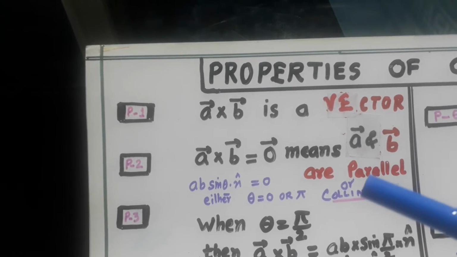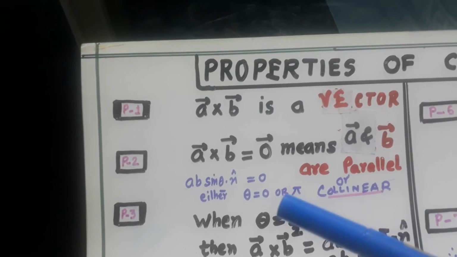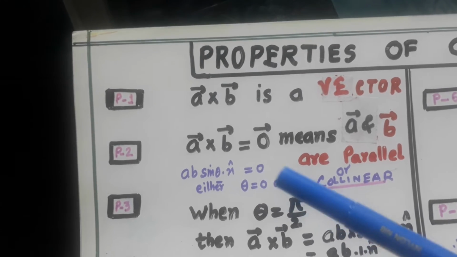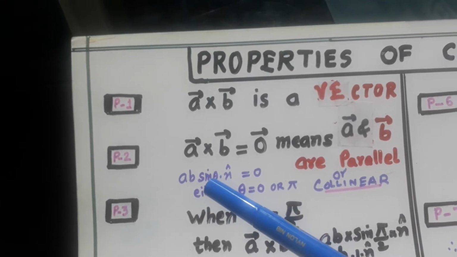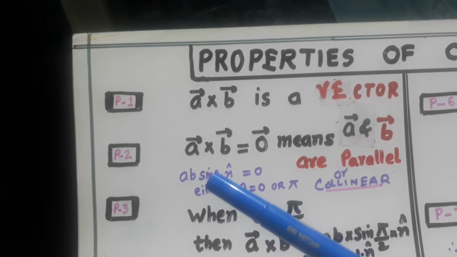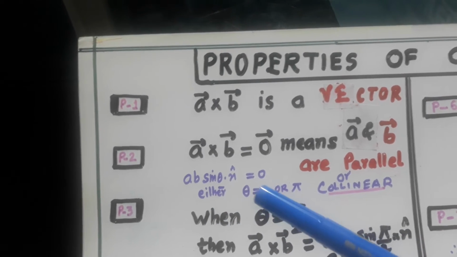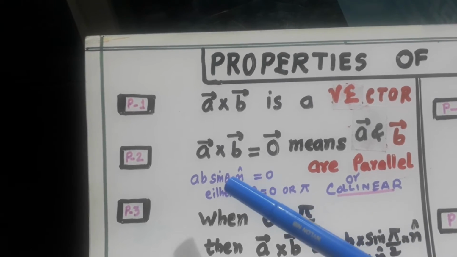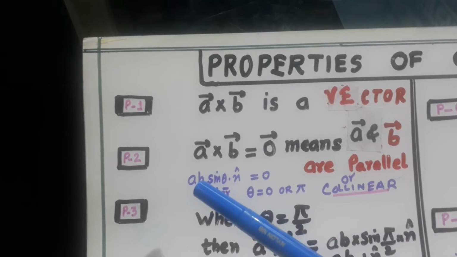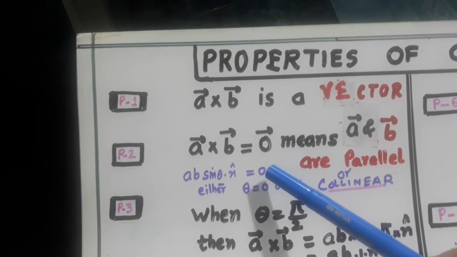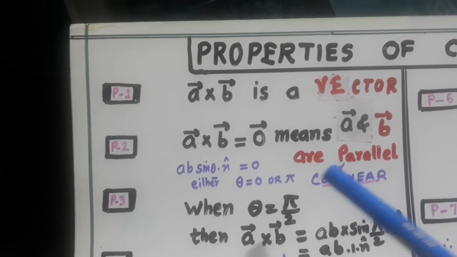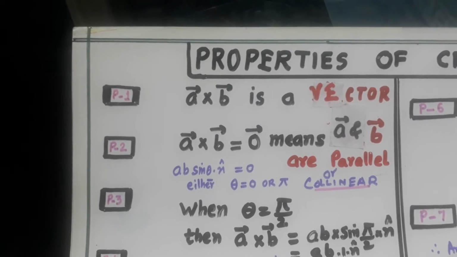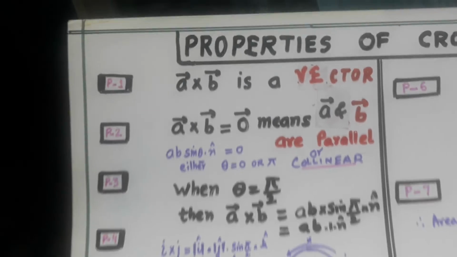When they are parallel or collinear, theta is 0 or theta is pi. So sin theta will be 0, and the result will come 0. So A cross B is 0 when the two vectors are either parallel or collinear.